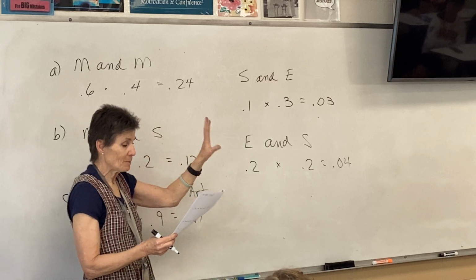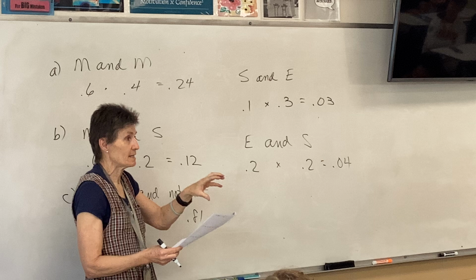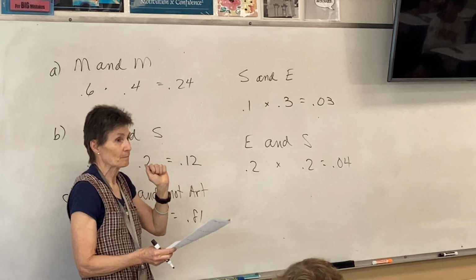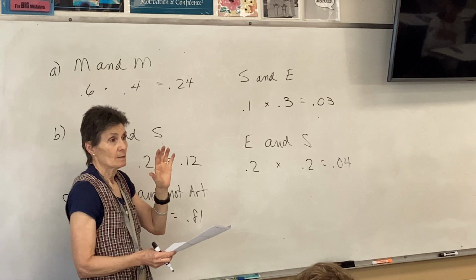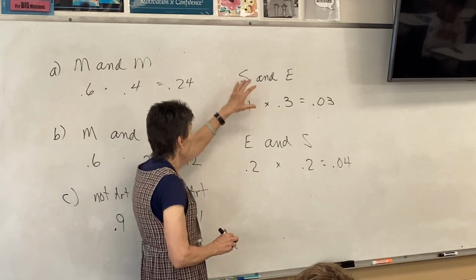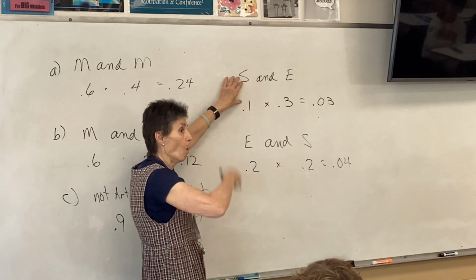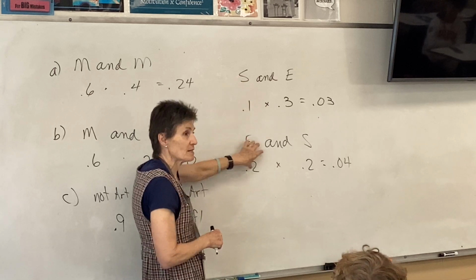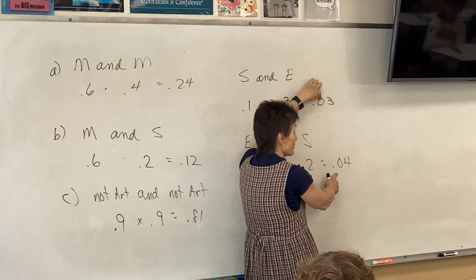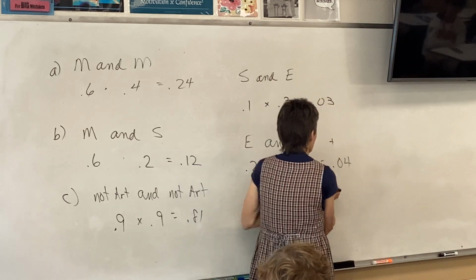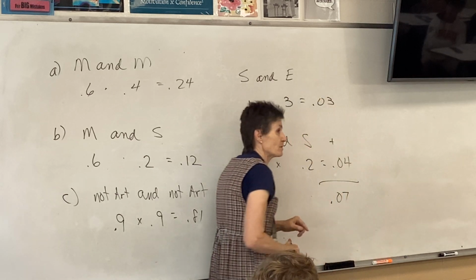Read question B and read question D. Do you see the difference? D can be either order. So in other words, I could have this situation, or I could have this situation, which means I'm going to do what with these two numbers? Add them. So the answer is 0.07.